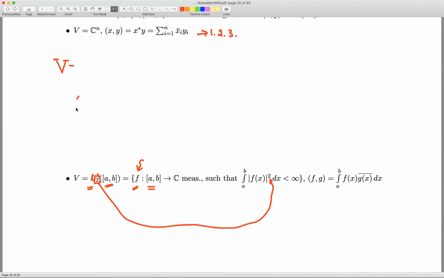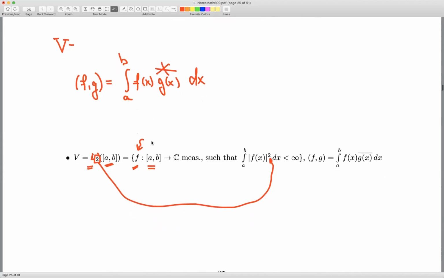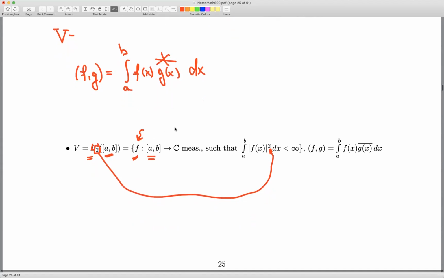We define the inner product between every two elements of this space by the formula integral from a to b of f of x times the complex conjugate of g of x dx. Now, if the functions are not complex valued but real valued, then we forget about the complex conjugation sign. And an example of two functions that are orthogonal is the following.